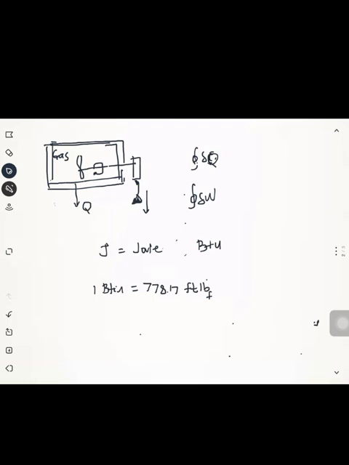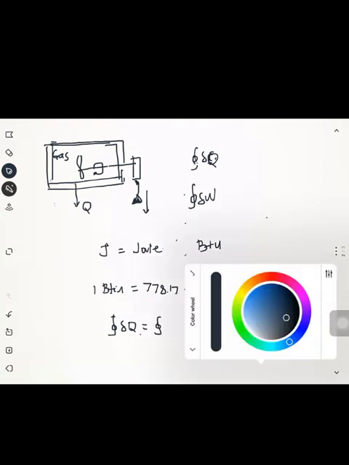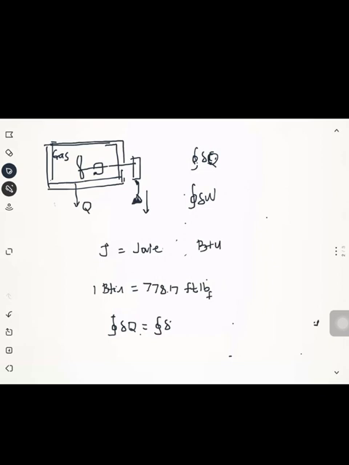So we have here the cyclic integral of the inexact differential of Q is equivalent to the cyclic integral of the inexact differential of W. So this can be considered as the basic statement of the first law of thermodynamics.